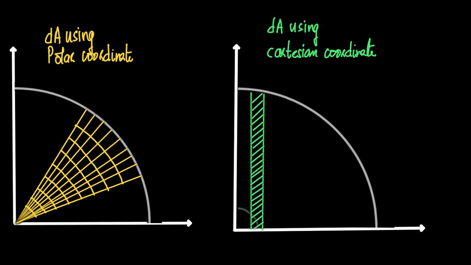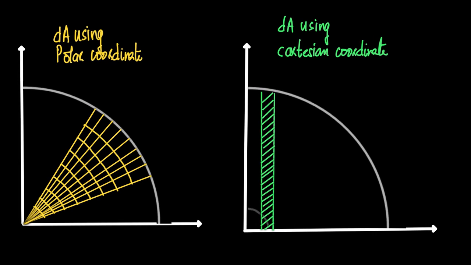Now, when I say this question, the term dA can be expressed in two different ways. One using polar coordinates, the other using Cartesian coordinates. This is how we break down the area.